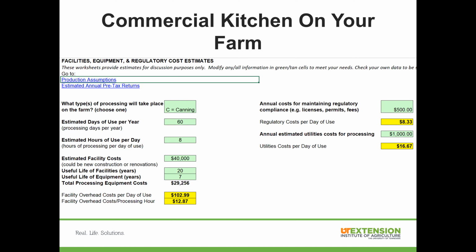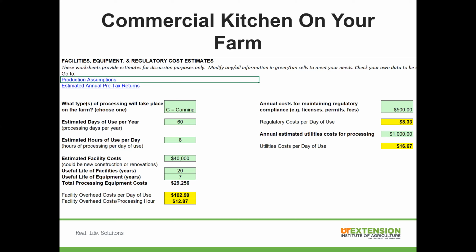Are you going to do drying, or dehydrating, or canning, or are there some other activities? Canning or baking or drying, or some combination of those, is what you're going to put in there. If you're going to use the facility all together for canning, you'd put canning. If you're going to do canning and baking, you'd put CB in there for canning and baking.